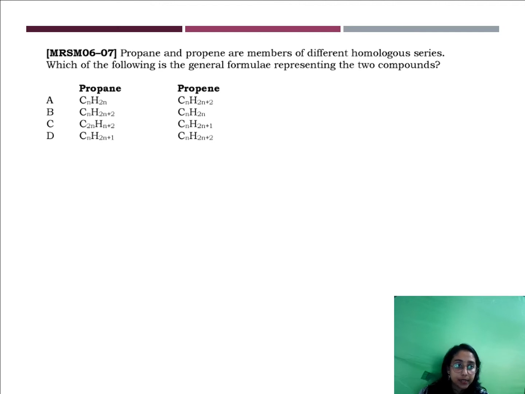Now, let's look at this question. Propane and propene are members of different homologous series. Which of the following is the general formula representing the two compounds? So as I told you, the first thing you have to do is analyze the question. Propane comes from alkane.